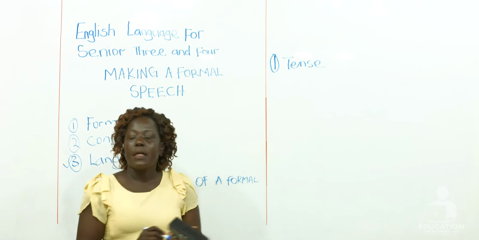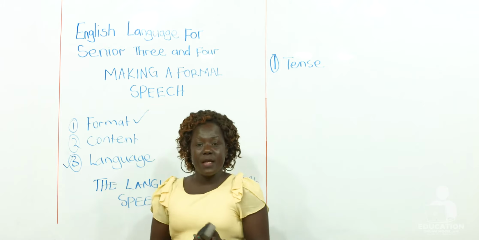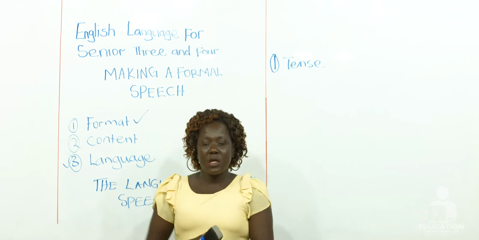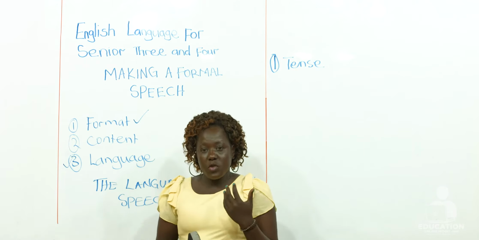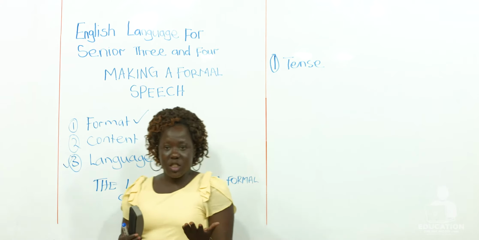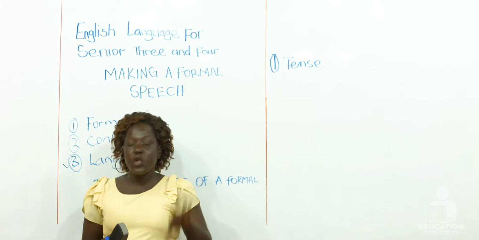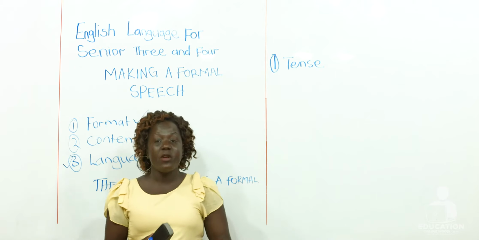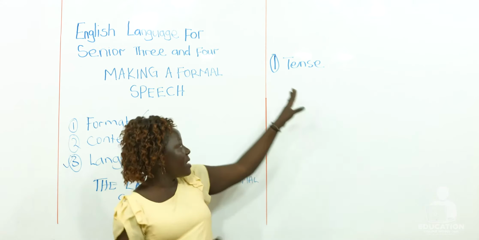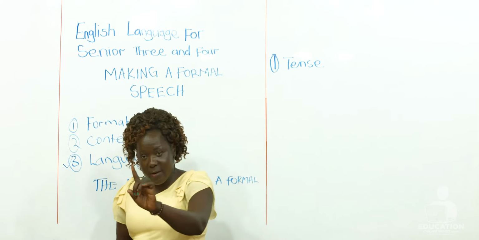In your sentences or in the terms that you use to make a speech, you are mainly restricted to use the present simple tense or the present tenses. It may not be present simple, but must be present tenses mainly.